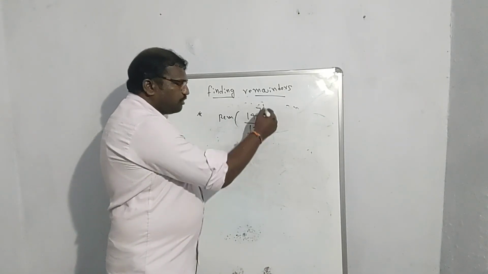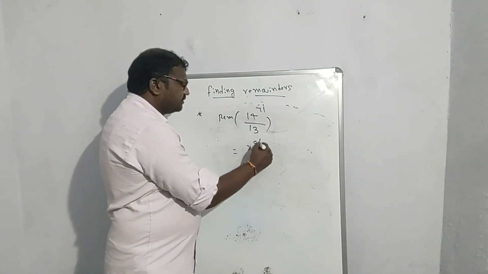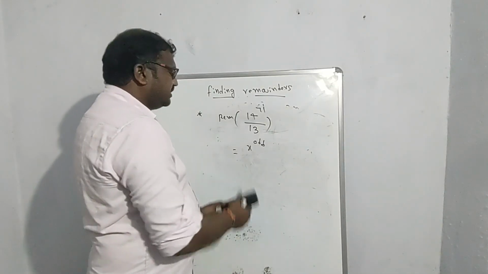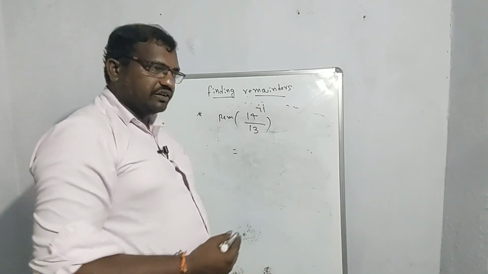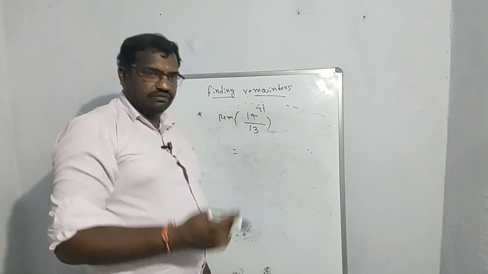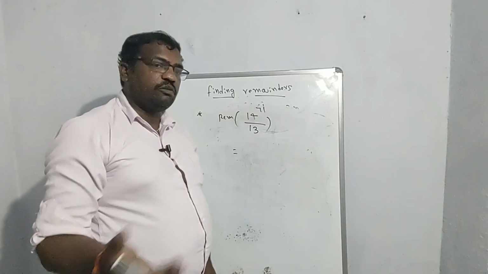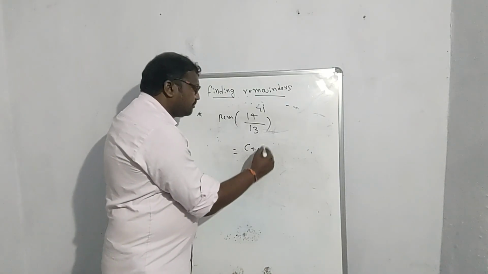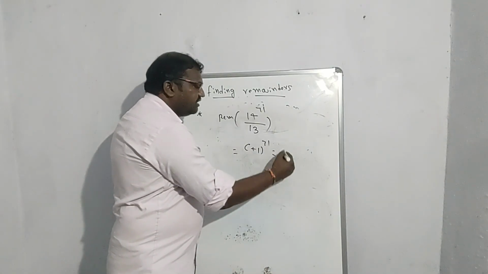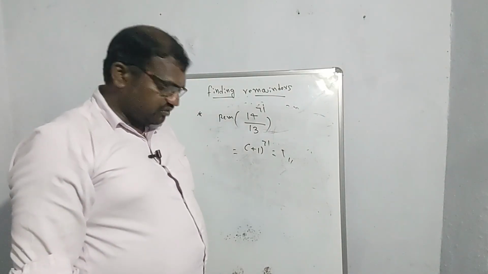Here the power value is an odd number, x power odd value. The denominator is 13, the numerator is 14, so the numerator is greater by 1 when compared to the denominator. So we take plus 1. Plus 1 power 71, 1 power anything is 1. 1 is the remainder. The remainder is 1.